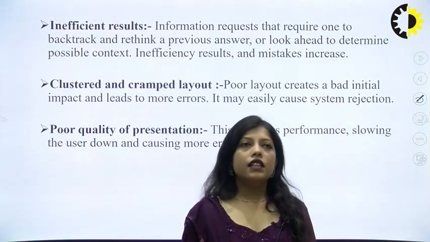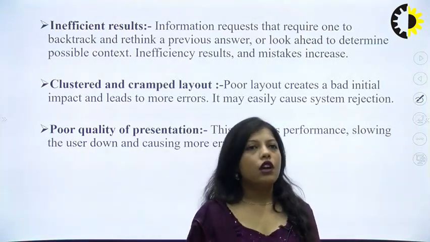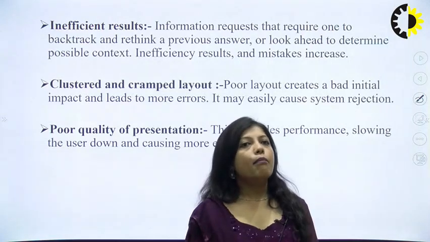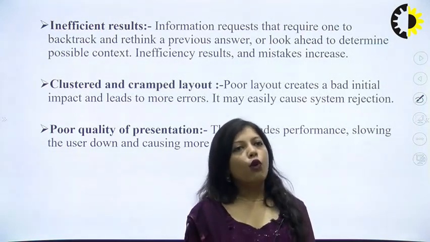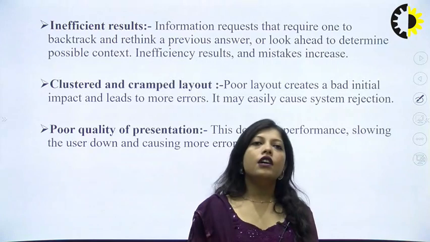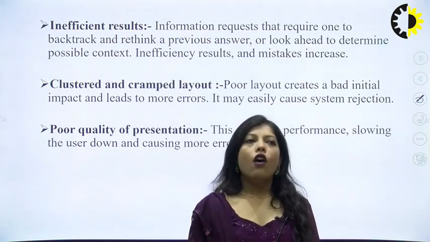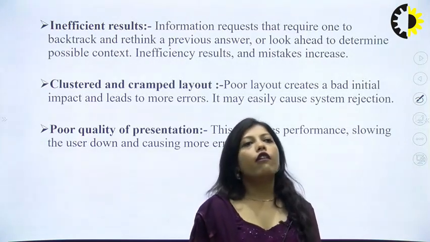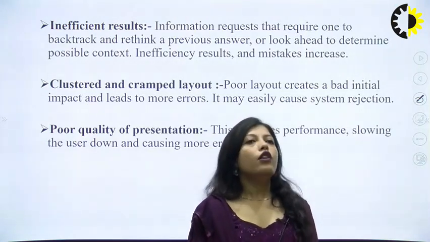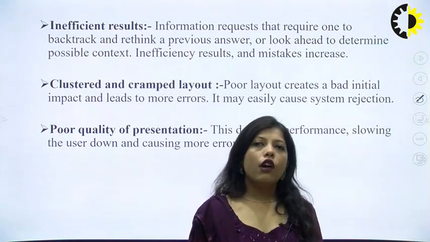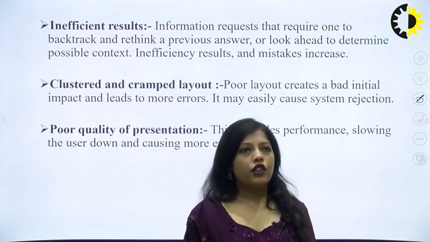So next is cluttered and cramped layout. Poor layout creates a bad initial impact and leads to more errors. It may easily cause system rejection. So when you are using poor design or a cluttered layout, everything is messed up, not clear. So poor layout also creates a distraction to the user.